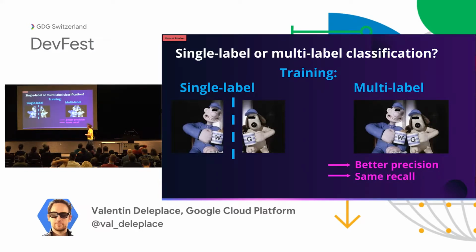And if I just upload photos containing only Wallace and photos containing only Gromit, at the end, the recall and precision are not that great. But if I also insert pictures that contain both of them, and I say this picture features both Wallace and Gromit, then I have the same precision, the same recall, but a better precision, which is useful. And what was I saying? I'm lost. Okay, multi-label.